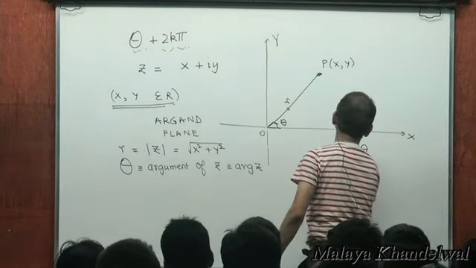Of these very many arguments, the one that lies in the interval minus pi to pi would bring us on the same page, and this value of the argument would be referred to as the principal value of the argument.